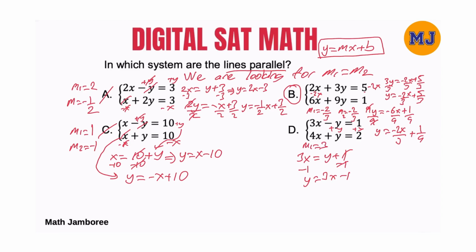For the second equation, I'm going to solve it up here. Take away just 4x from both sides. Then it becomes negative 4x plus 2. And the number in front of the x is negative 4. So m2 is negative 4. They are not equal to each other, so therefore they're not parallel. So the right answer for this one is choice B again.